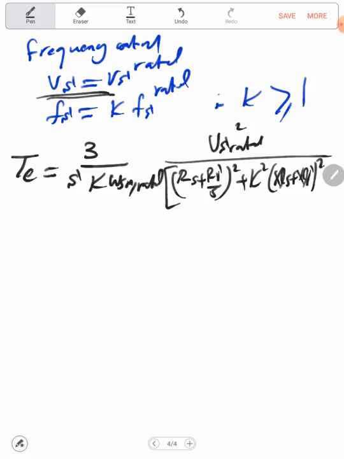And this is what we call the frequency control.